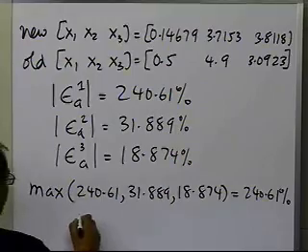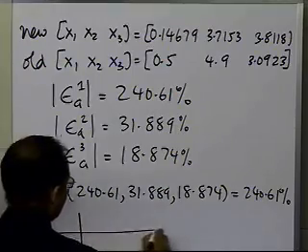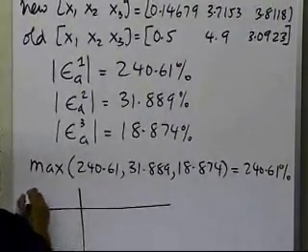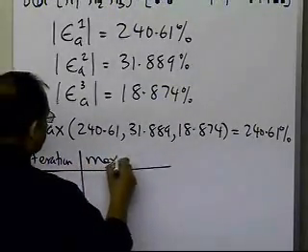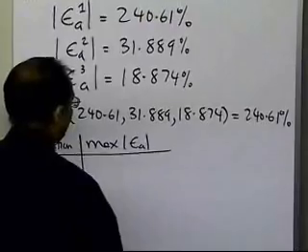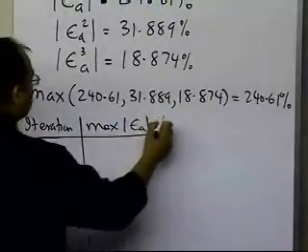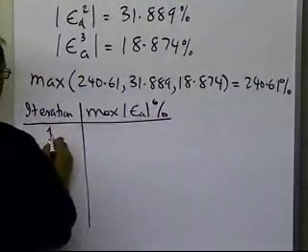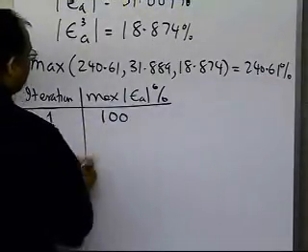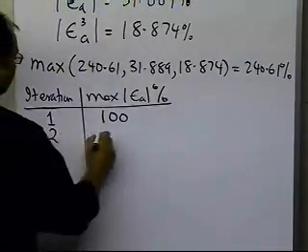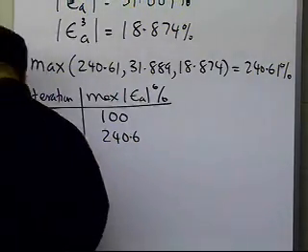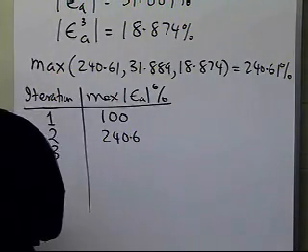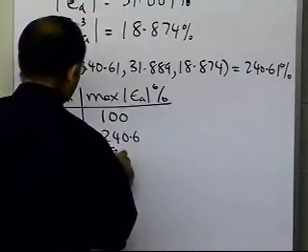So if I go ahead and write down here in a simple form the iteration number and the maximum absolute relative approximate error in percentage, we already know that at the end of the first iteration the maximum value was 100. At 2 it is 240.6. At 3 it turns out to be 80.23.